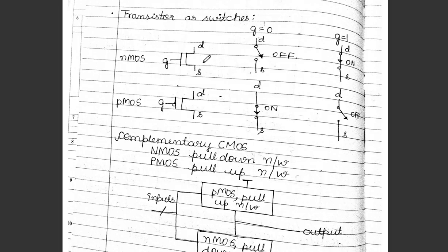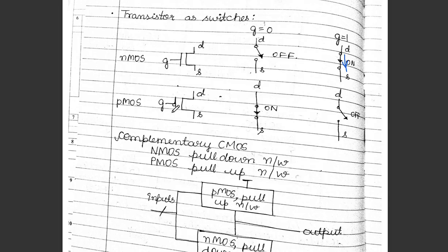In case of NMOS, the transistor acts as an open switch when G is equal to 0, and when G is equal to 1, there is a path for flow of current from drain to source terminal, and hence the transistor is in the on condition, or the switch is in on condition.